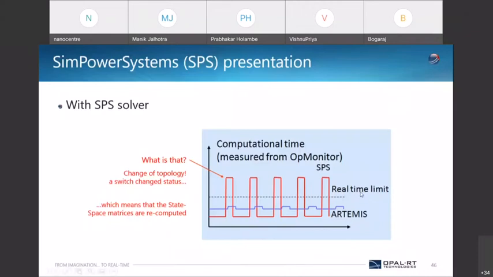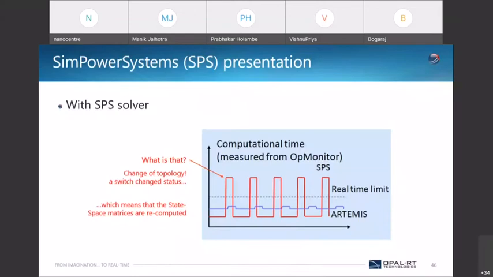Now what we are trying to do is this particular MATLAB model where these switches keep changing. With every change in a switch, the topology changes. What MATLAB needs to do is recompute the state space system equations, so it will require more time.